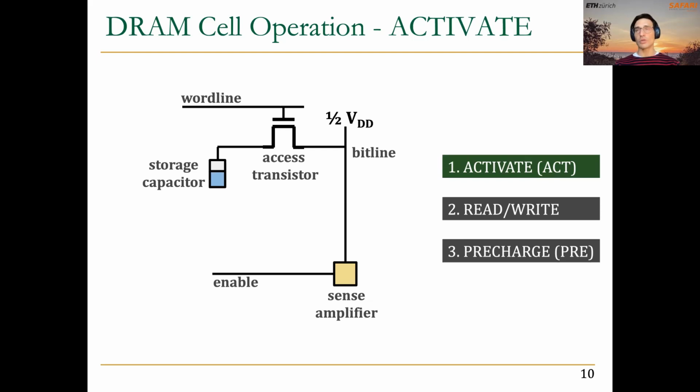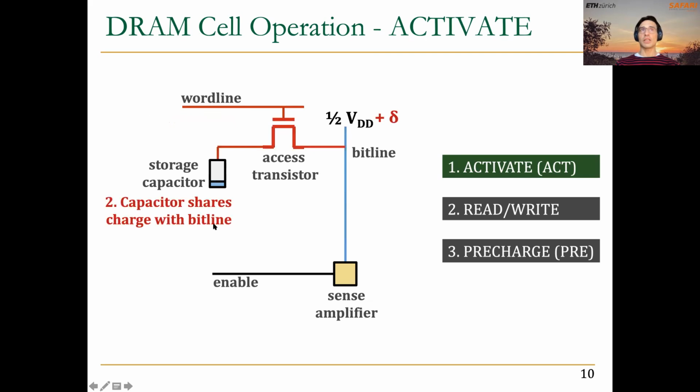What happens when the memory controller issues an activate command is that, first of all, we raise the word line of the corresponding row, that row that wants to be accessed by the memory controller. When we raise the word line, we are closing this switch that represents the access transistor. So the access transistor starts conducting, and the capacitor starts sharing its charge with the bit line.